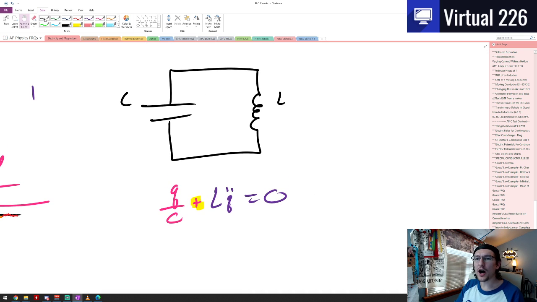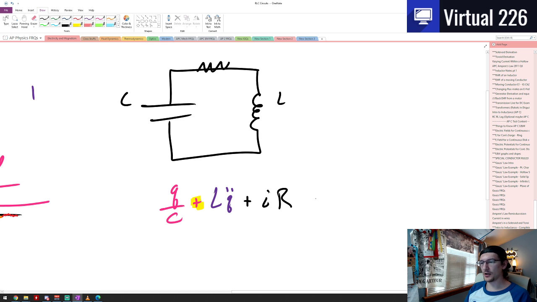If we toss in a resistor here, this equation changes somewhat. This equation will also have to it a plus IR term equals 0. Okay? Now, this I we could think of as Q dot, like that.